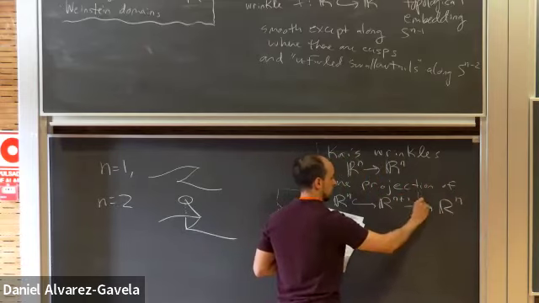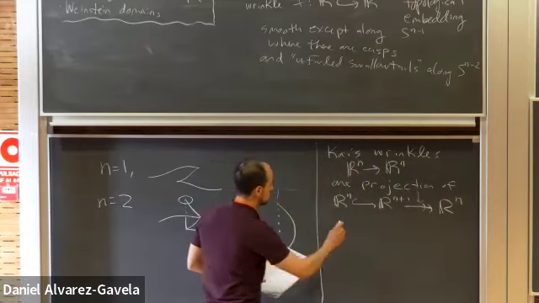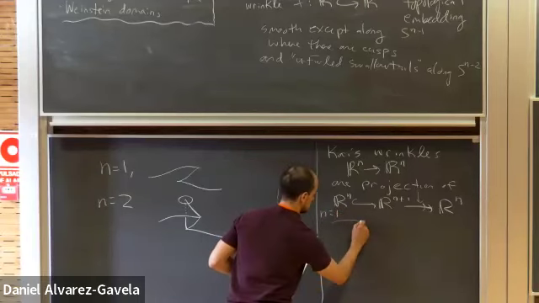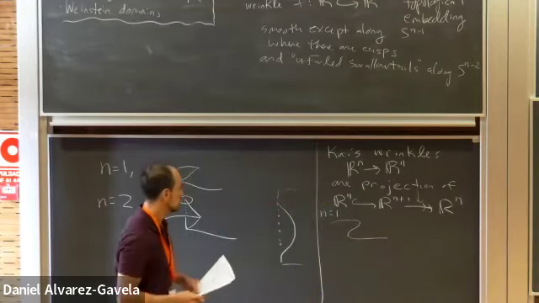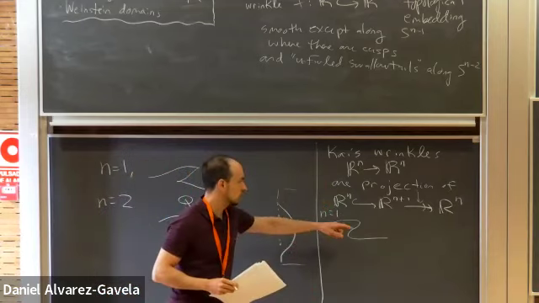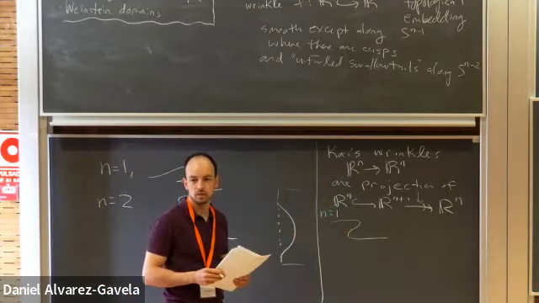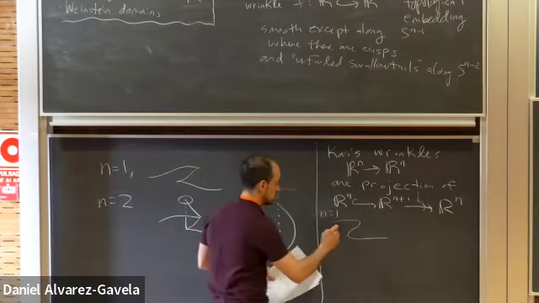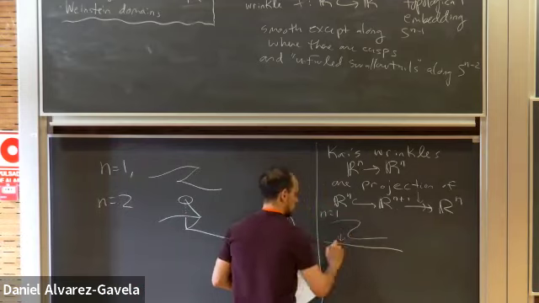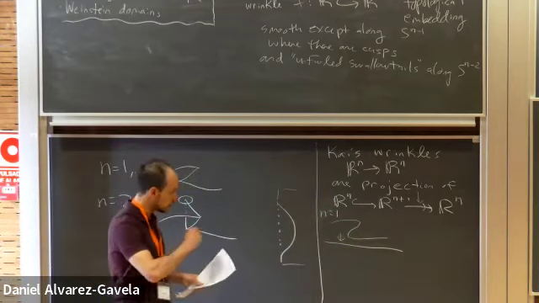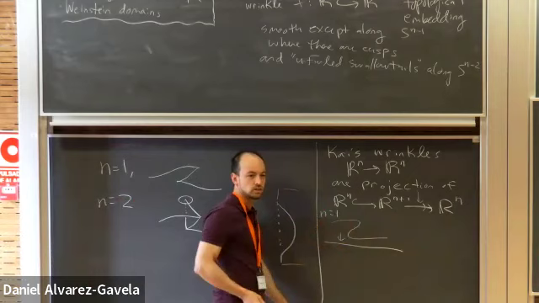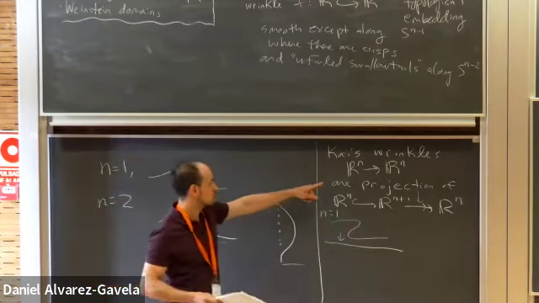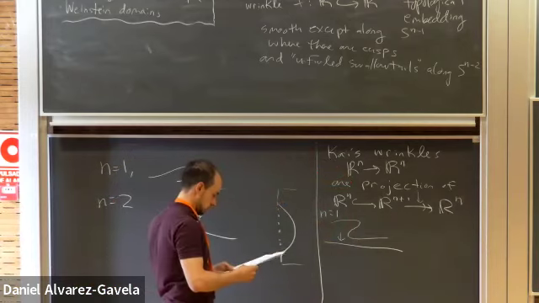When I say projection, I mean this projection. The n equals 1 case, you take this curve, a one-dimensional curve living in R2, and then you project it down to R1. That's a map from R1 to R1, and that's what Kai's wrinkled submersion is.